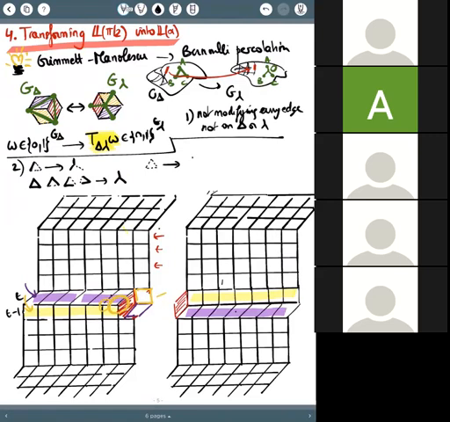So there are 4 configurations that preserve the connectivity. The first one is everybody is closed, but there are also these 3 configurations that preserve the connectivities.